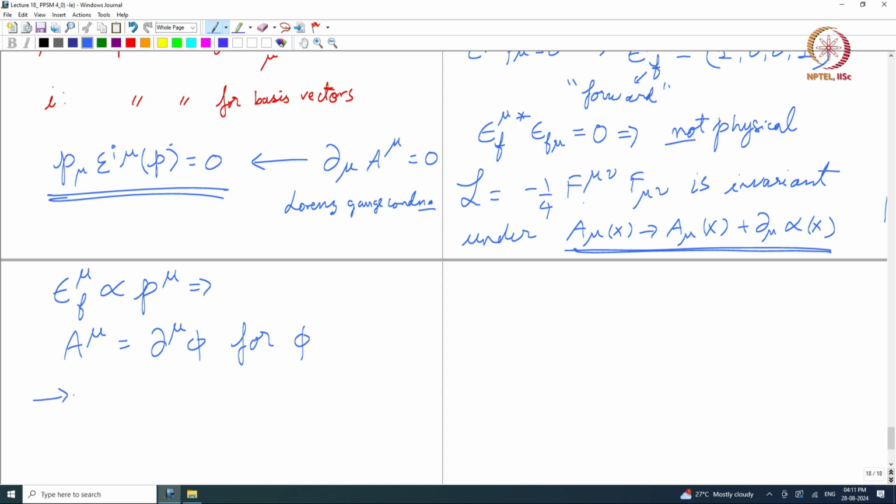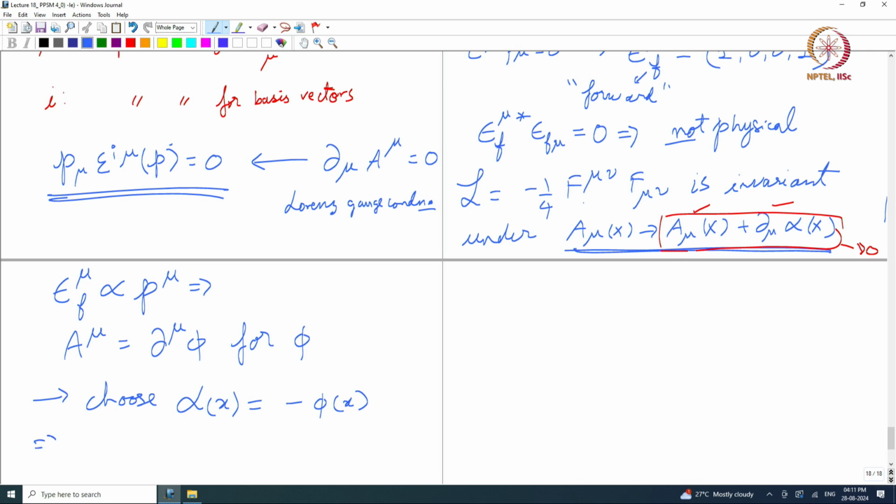That means if I choose that alpha equal to minus phi, something weird happens. These two terms cancel each other now. Agreed? So, that means I have gone into some field configuration where this whole thing is actually 0. Isn't that strange?